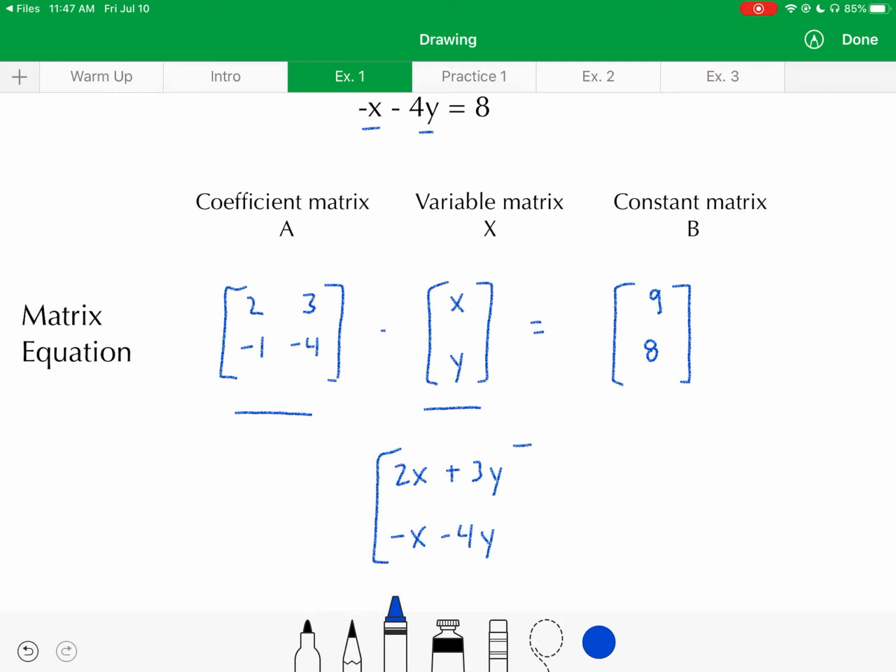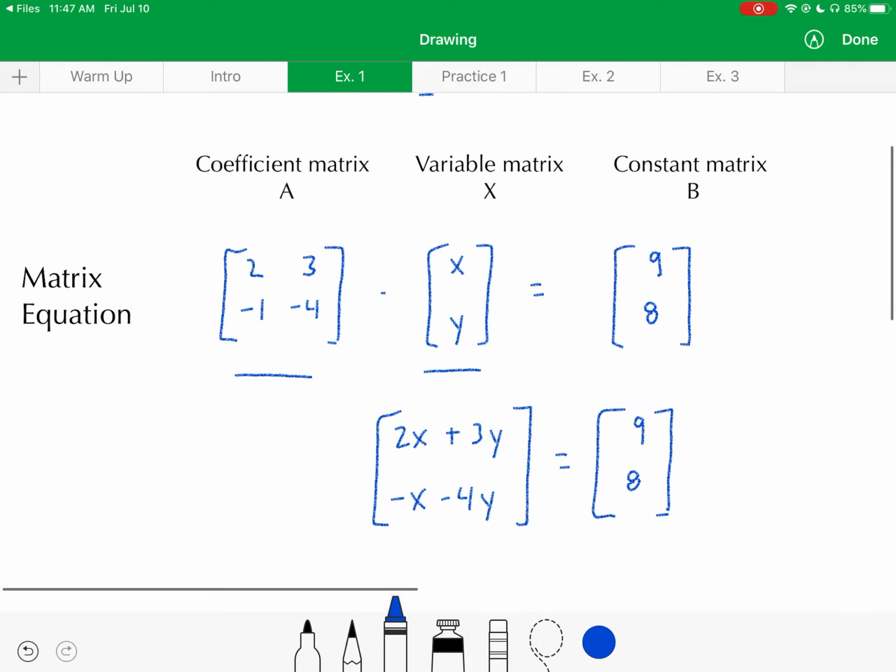So you'd have a 2 by 1 equaling another 2 by 1. Okay, so this is consistent with matrix multiplication in that it's going to result in the same system that you originally were working with.